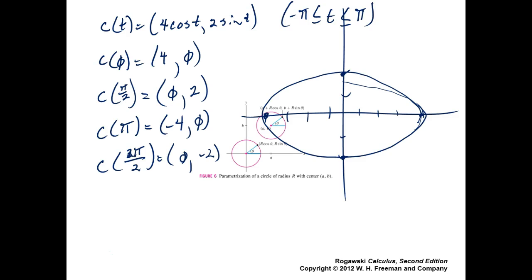Where is minus pi? Over here. So that would have been my first point here. And then we would have done minus pi halves, which would have been here. That would have been the second point. Then we would have done 0, which was up there. Then we would have done pi halves, which was there.